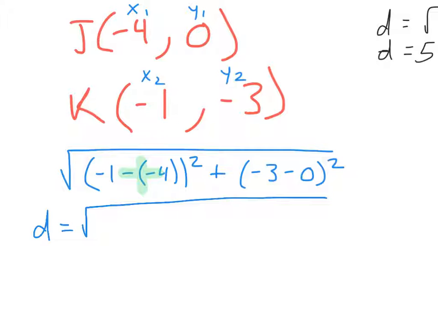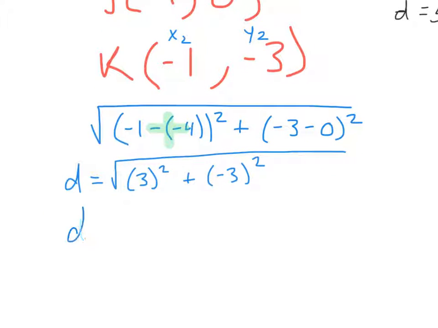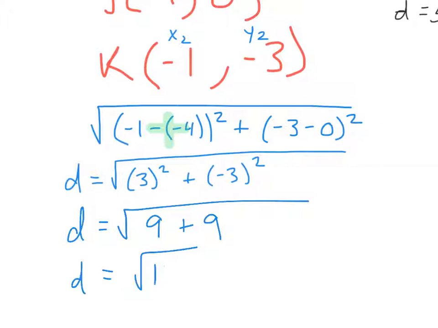So negative 1 plus 4 would be 3. Squared plus negative 3 minus 0, negative 3 squared. So 3 squared is 9 plus 9. This would be the square root of 18.